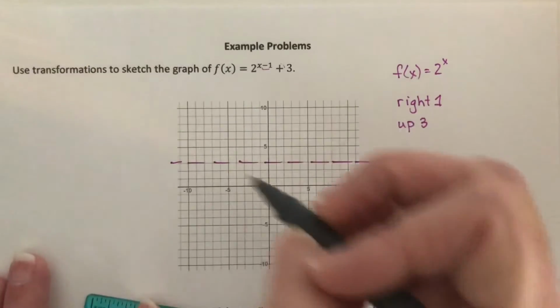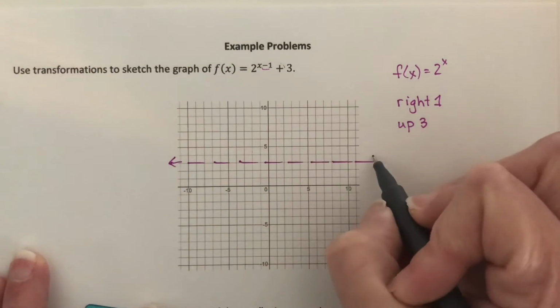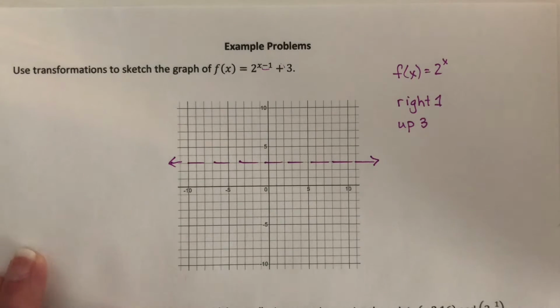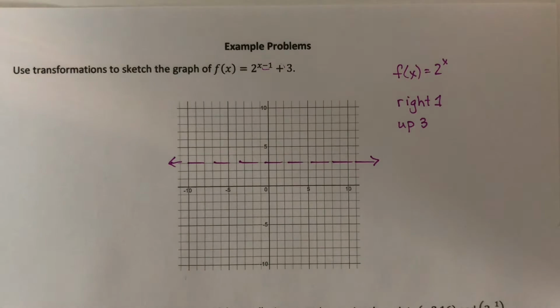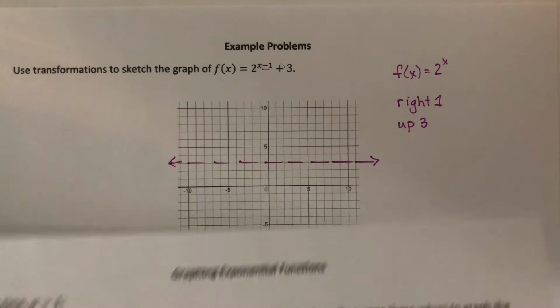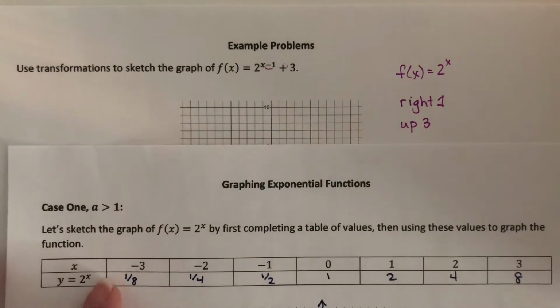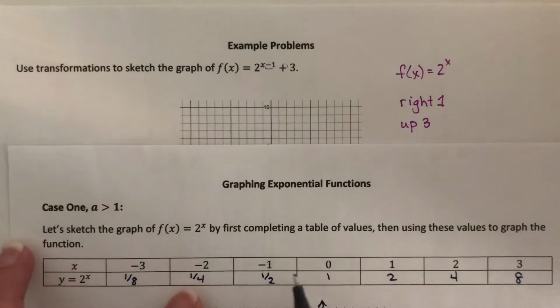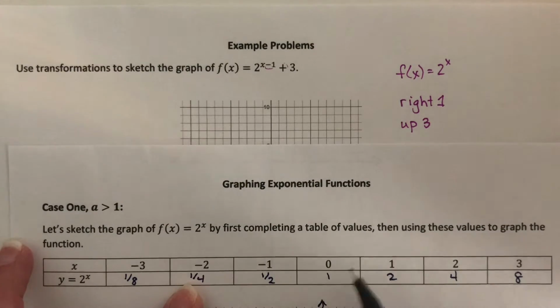I know my graph is not going to go below that unless I have a reflection. I'm not going to worry so much about the left values, because I know my graph is just going to slide down and get closer and closer to my asymptote.